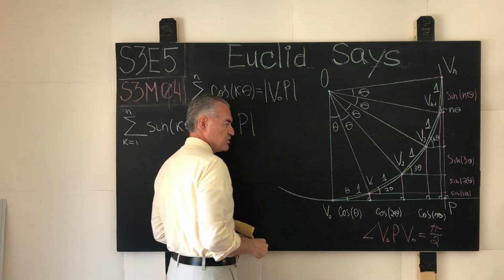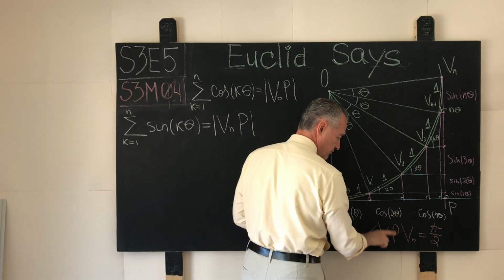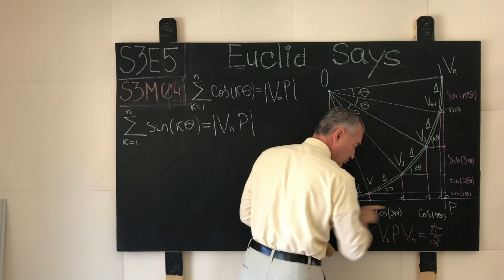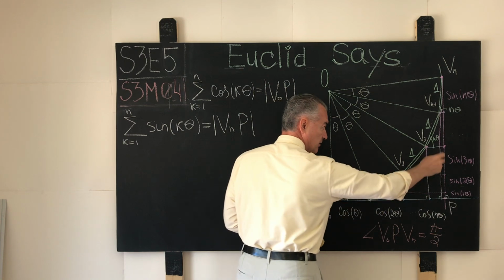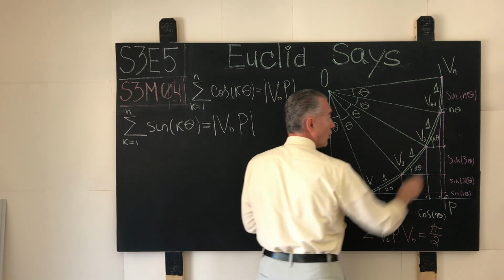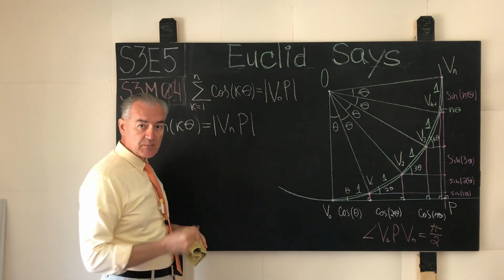So we project horizontally all the blue line segments that represent cosines onto a horizontal. We project all the red line segments that represent the sines onto the vertical straight line. We glue these line segments end to end.